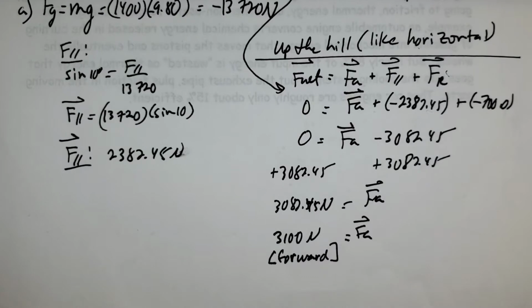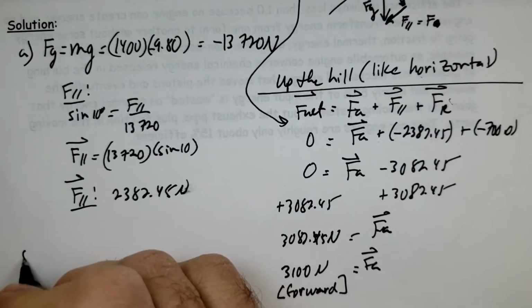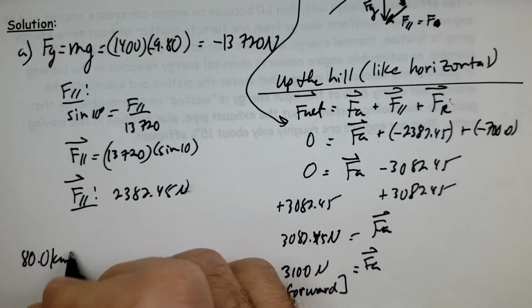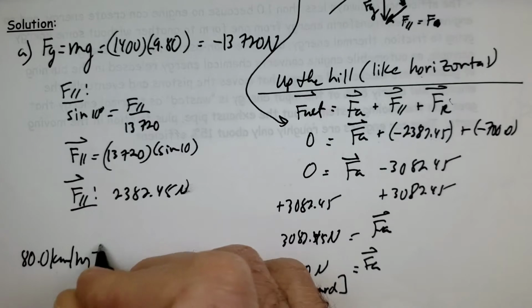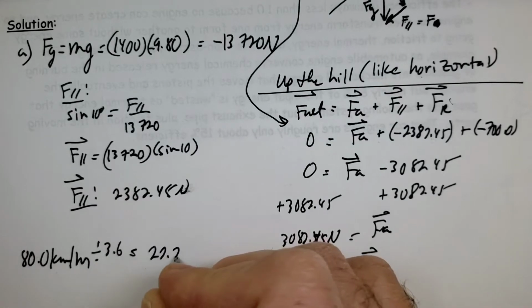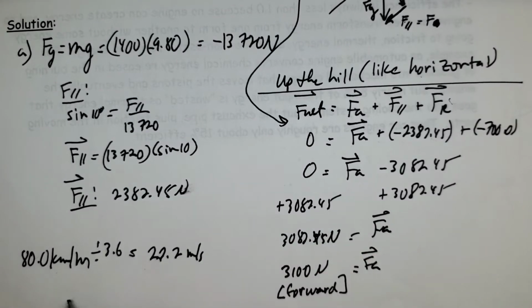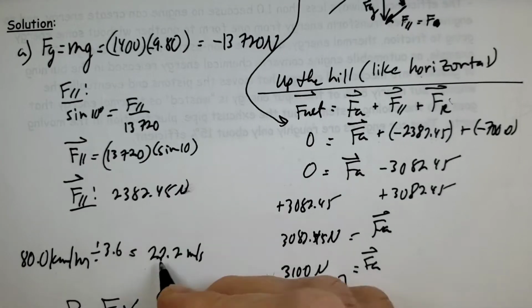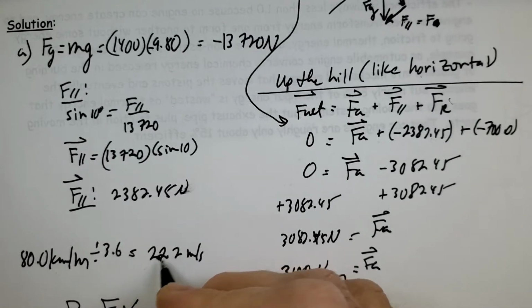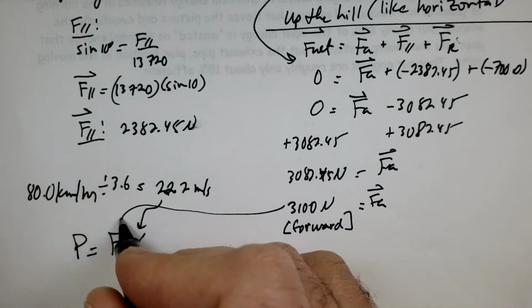Okay, so a couple of things here. Now we're moving at a steady speed of 80 kilometers per hour. And of course, if you recall, to change that into meters per second, divide by 3.6. Using my new power formula, the applied force I have and the constant velocity I have, I can figure out everything that I need.